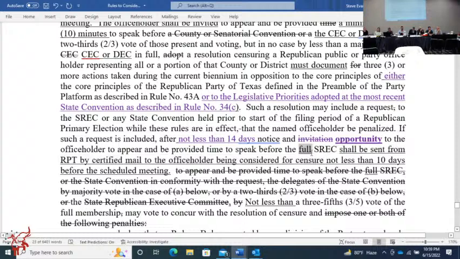Okay, and then the next one is referring to the previous sentence about requesting the office holder to be penalized.